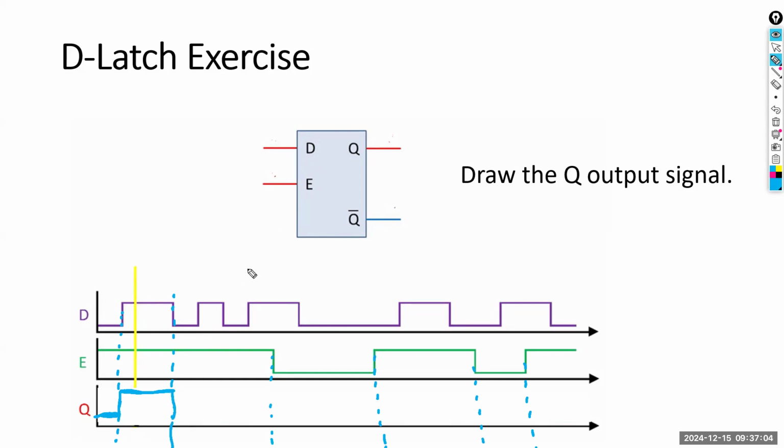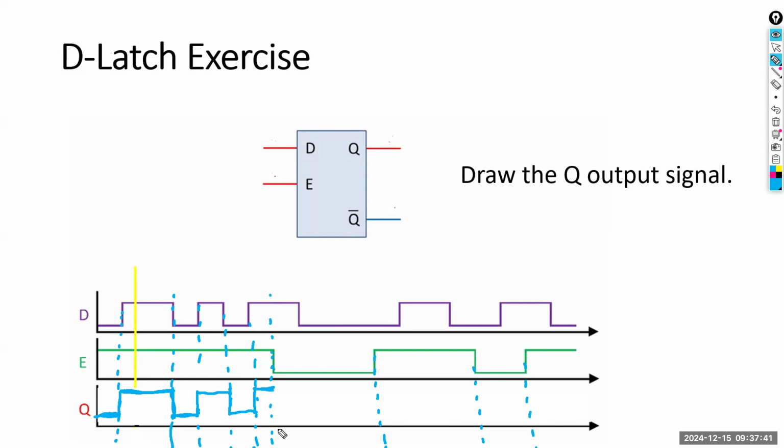Then again D is 1 means Q is 1, and again D is 0 means Q is 0. Remember, Q follows D when it is enabled. And again D goes up, Q goes to 1, and up to this point it remains like that.